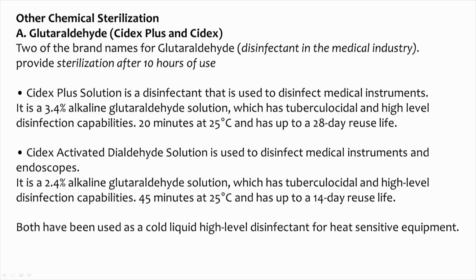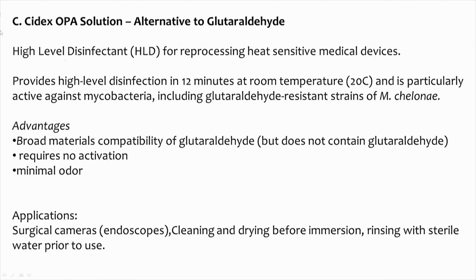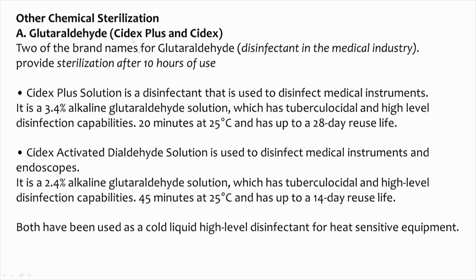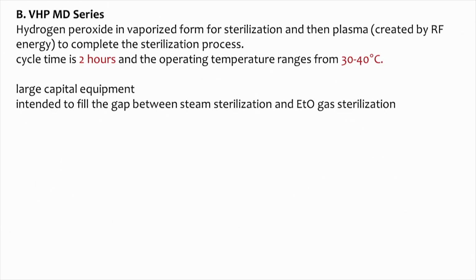So these are solution based. We have high concentration sterilizing instrument disinfecting liquid, or we can use alkaline glutaraldehyde of two different compositions. These are liquid based methods, so we can dip the material in that. Then hydrogen peroxide in vaporized form for sterilization, and then plasma, called a VHP MD series.